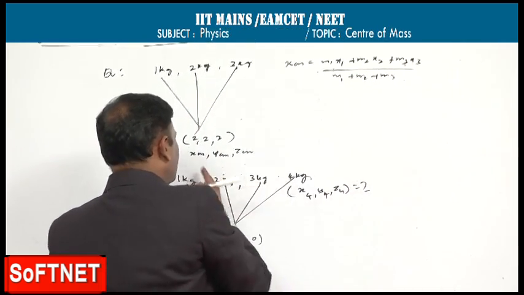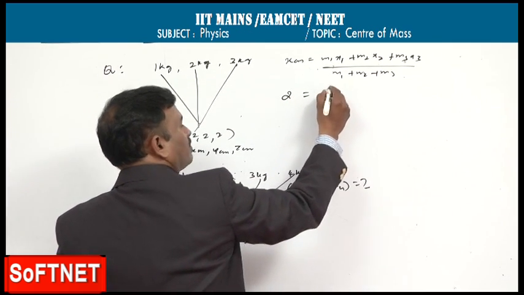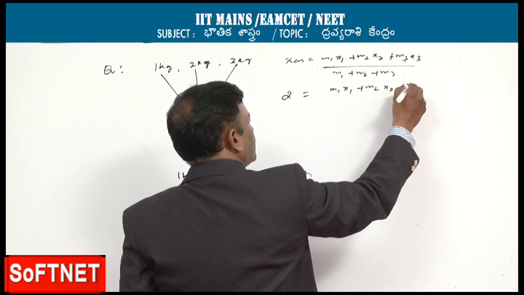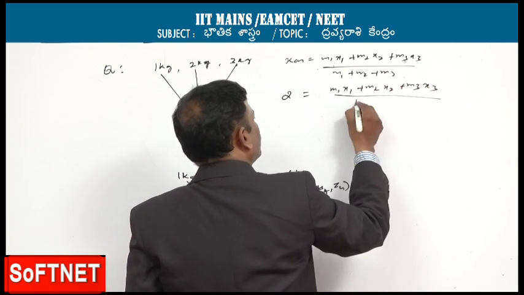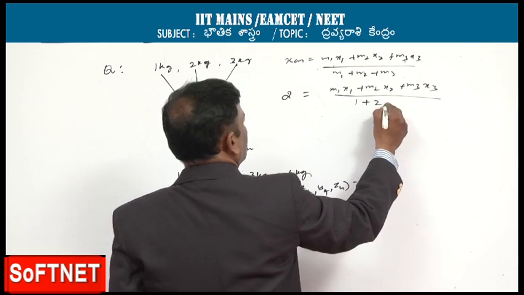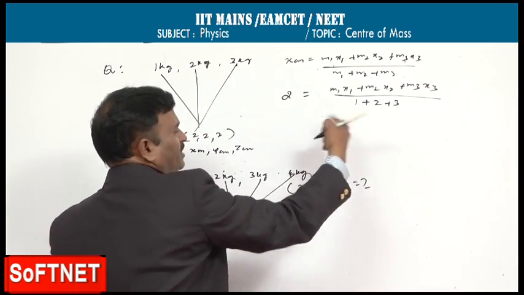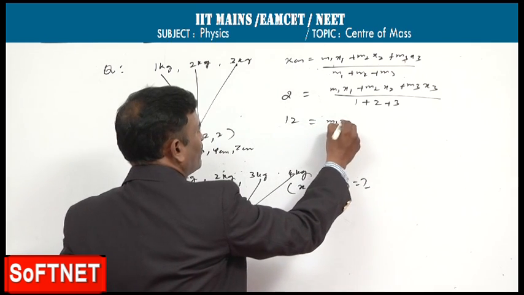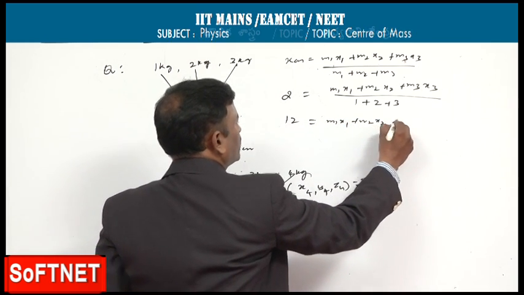XCM is given as 2, so 2 is equal to M1x1 plus M2x2 plus M3x3 by 1 plus 2 plus 3. 1 plus 2 plus 3 is 6. 6 twos are 12. So 12 is equal to M1x1 plus M2x2 plus M3x3.